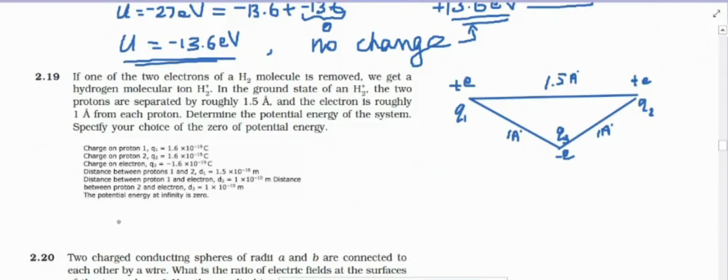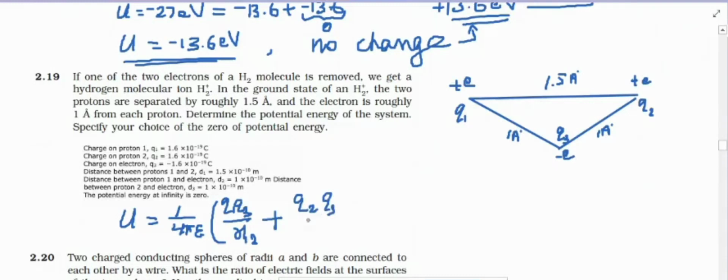And the formula, potential energy of a system of 3 particles: U is equal to 1 by 4 pi epsilon naught times Q1 Q2 by R12, plus Q2 Q3 divided by R23, plus Q1 Q3 divided by R13.